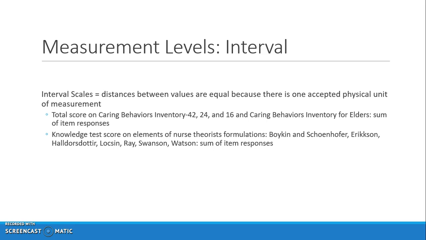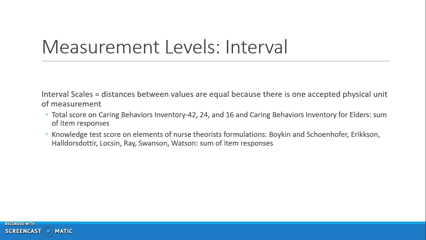So interval scales have this characteristic: mutually exclusive, collectively exhaustive, rank ordered, and here is where you get into equal intervals. So there's a total score in the Caring Behaviors Inventory 42, 24, and 16, basically for the one for elders as well. There's a sum of item responses. Not everybody uses that. Sometimes they use mean scores for each of the subscales and the overall.